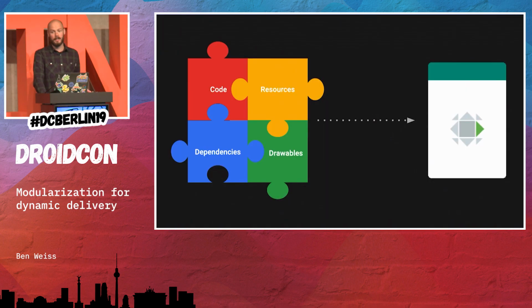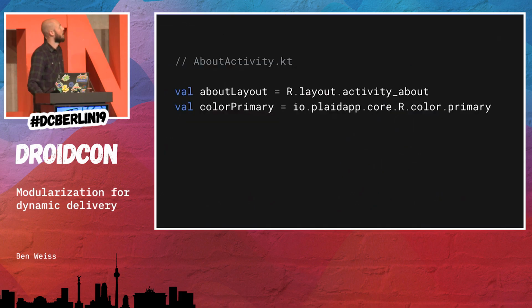There's one thing that I found a bit tricky to read, which is if you have imports from multiple modules after you have modularized your application. In the about activity, you import the R file from the about module, that's fine. You can easily just call it with R layout activity about.